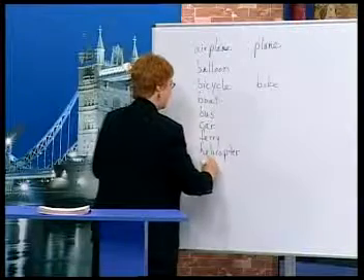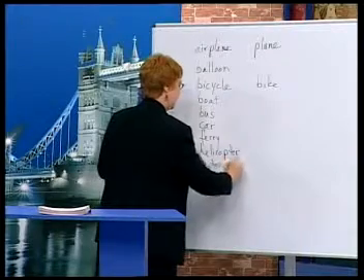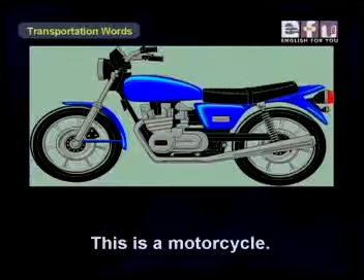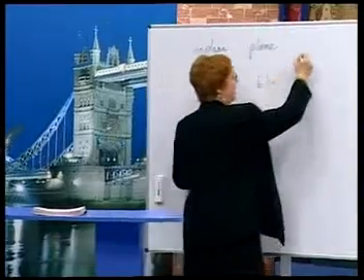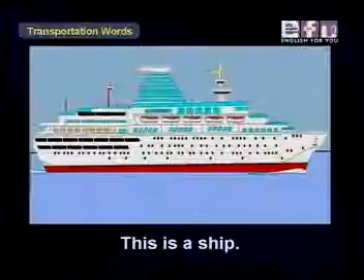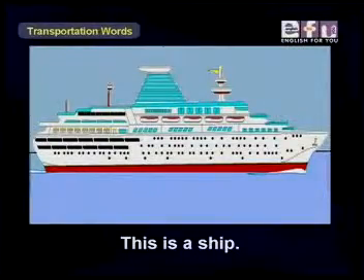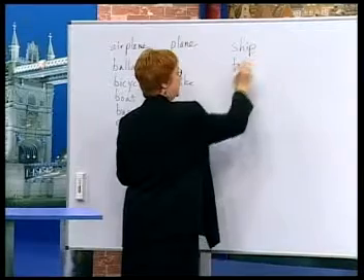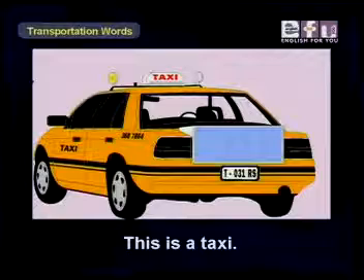The next one you see is a motorcycle. This is a motorcycle. Now we have a ship. This is a big boat. This is a ship. Then we have taxi. This is a taxi.